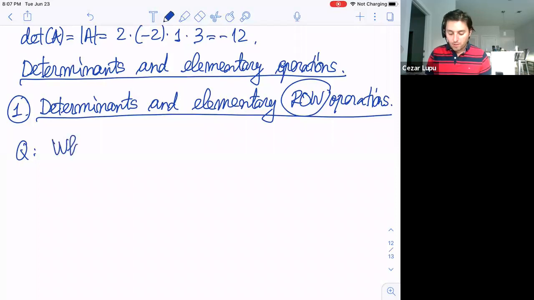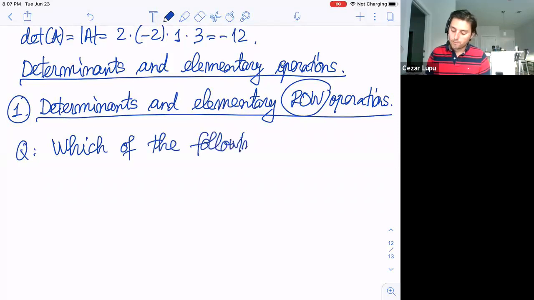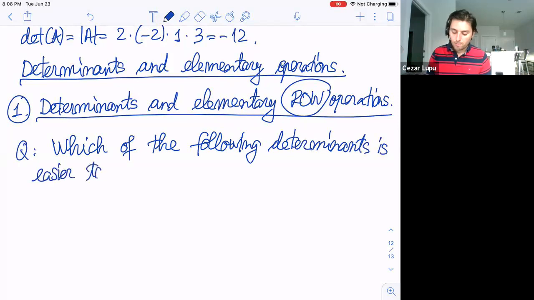Which of the following determinants is easier to compute? So let's take the determinant of this matrix.